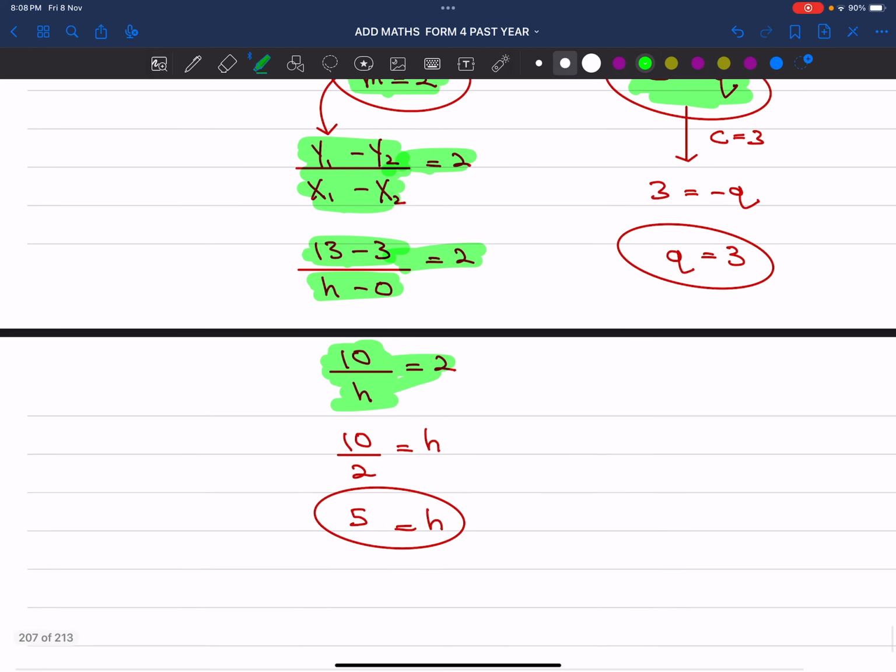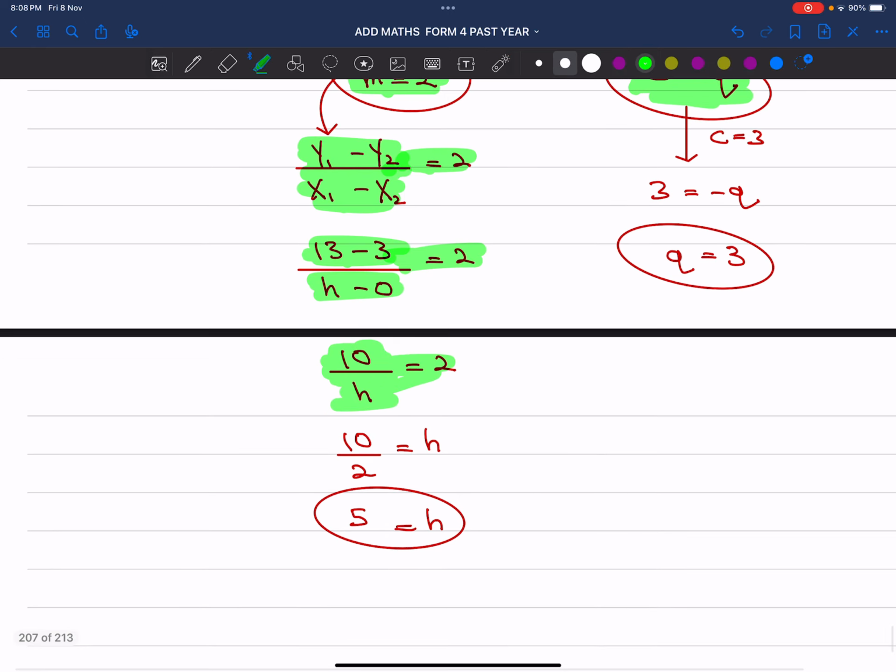First part settled. Now the second part, they are asking q. I go to q. That negative q is the same as c. And c, we already got, is 3 by completing the diagram.